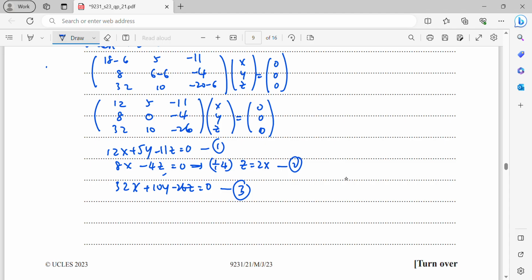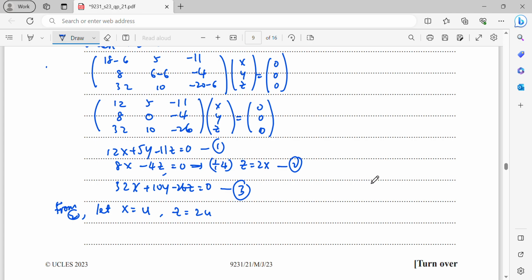Alright, so since the z is 2x, I can let x be u. Just now I used the t, now I use u. From the second equation, I let x be u. That means my z will be 2u. So I found the z already.